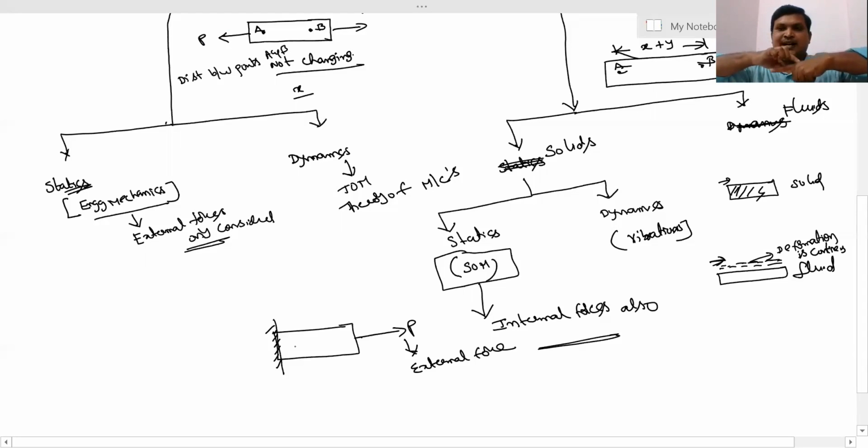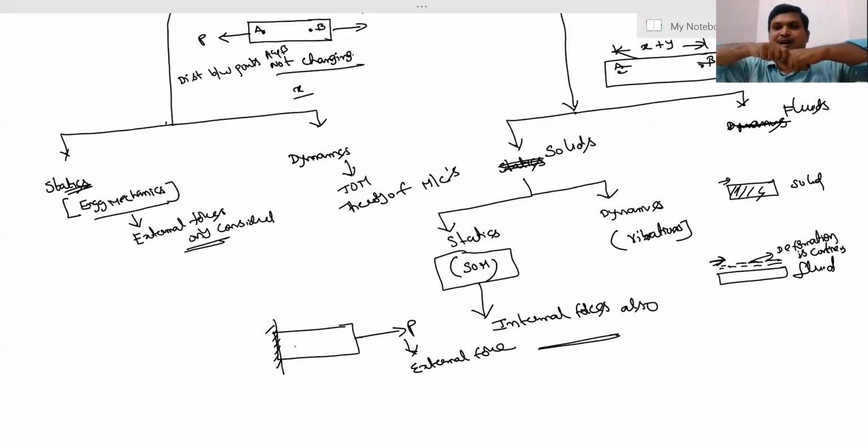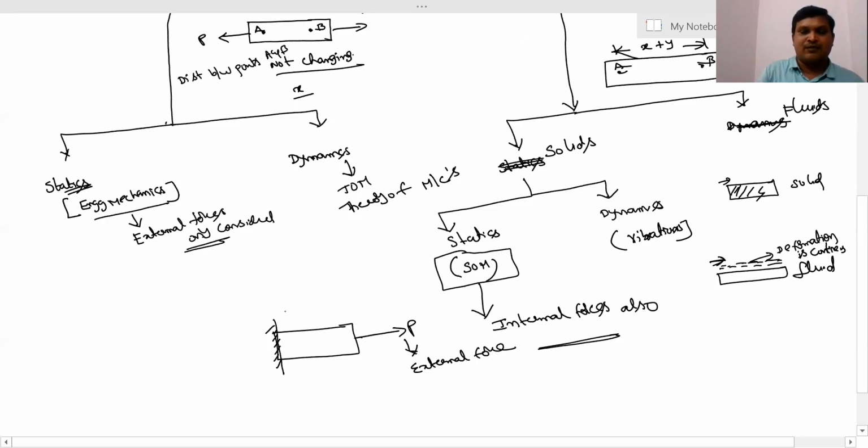If it is not generated, what happens? If I apply this load on this finger, then my finger is plucked out, broken out from this joint. So for withstanding and static equilibrium of this finger, there is definitely an internal resistance force generated. So I am applying the external forces.